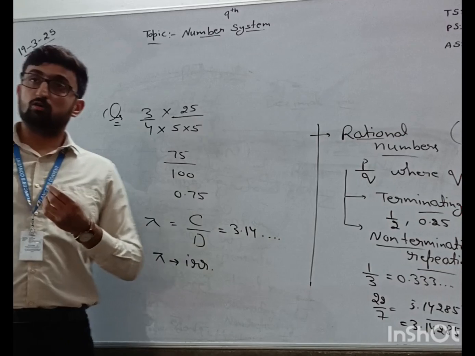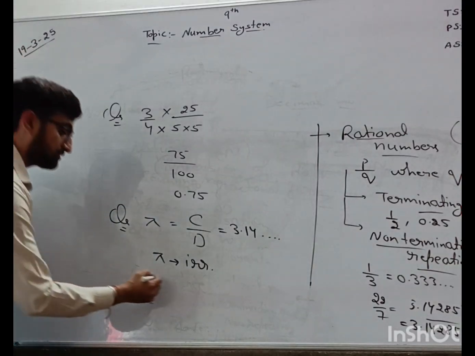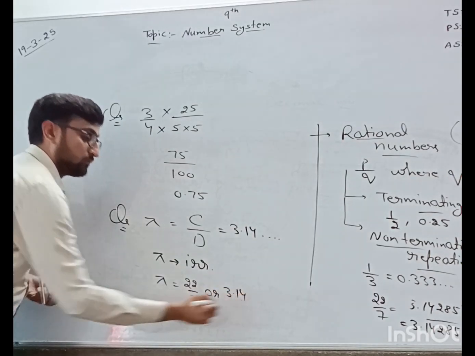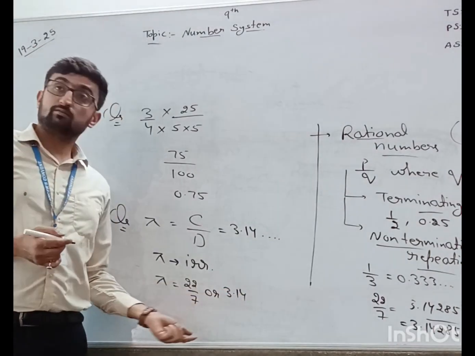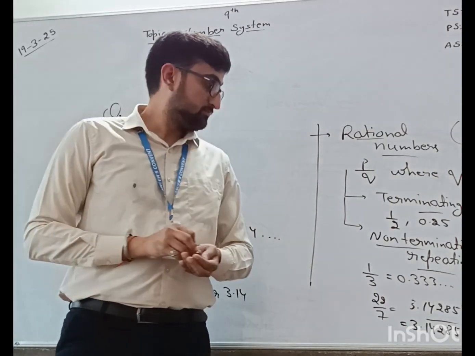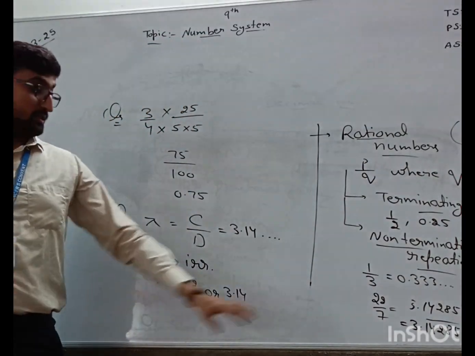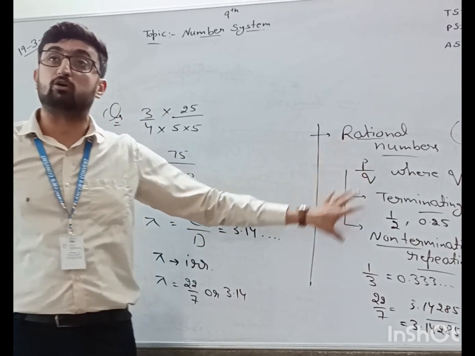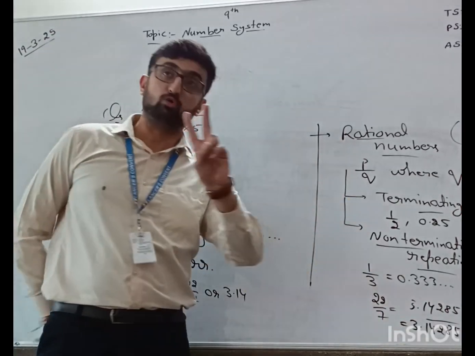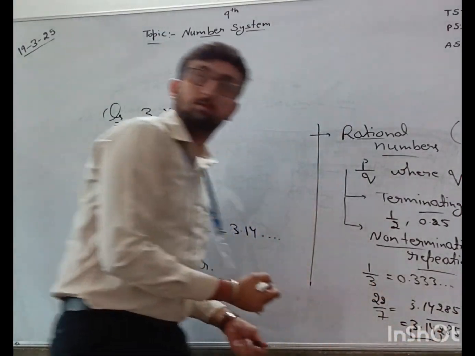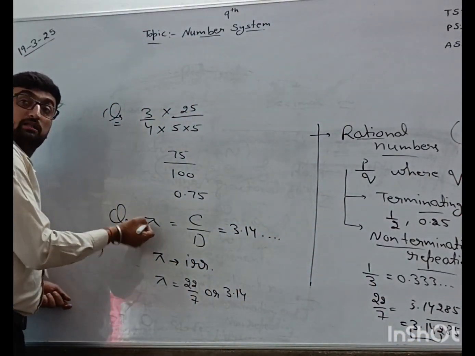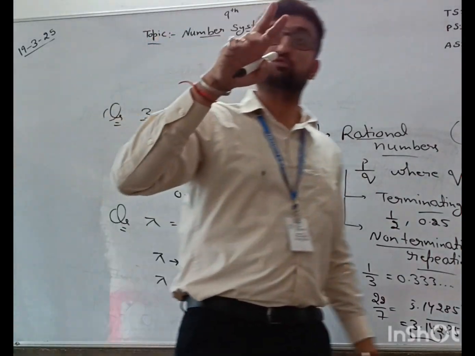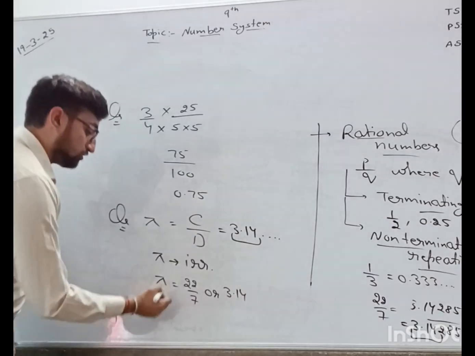But as we considered in our previous class, the value of pi as 22 by 7 or 3.14. But sir, here you are writing this as an example of a rational number. Yes, I wrote 22 by 7 as an example of a rational number because the value of 22 by 7 up to 2 decimal places is 3.14, and similarly the actual value of pi up to 2 decimal places is 3.14. Since both are the same, we generally take an approximate value of pi.